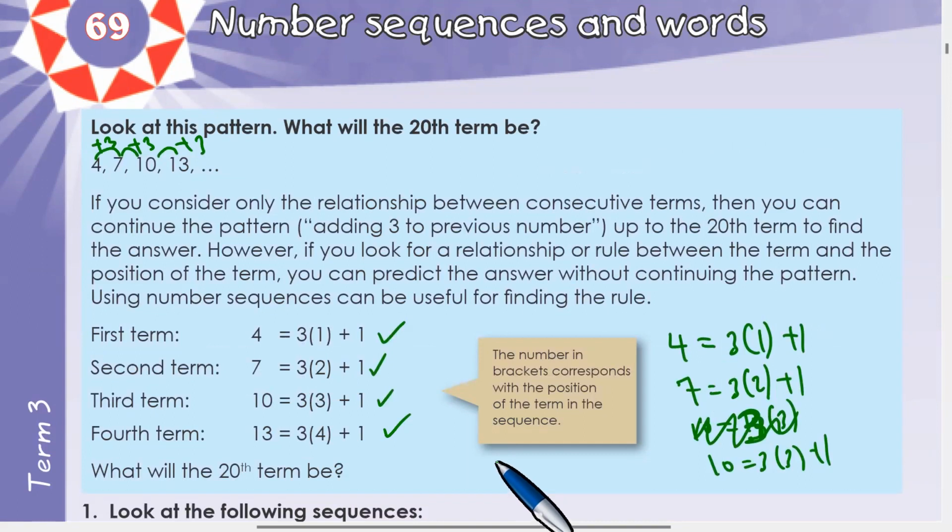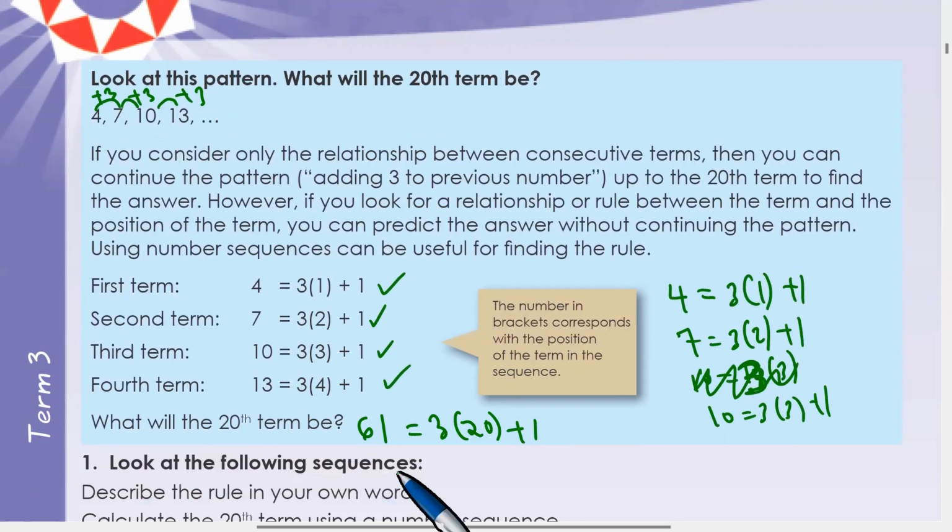Because the fourth term is this, term number 20 is going to be 3 into 20 plus 1. And what is the answer? It's going to be 61. Okay. Next.